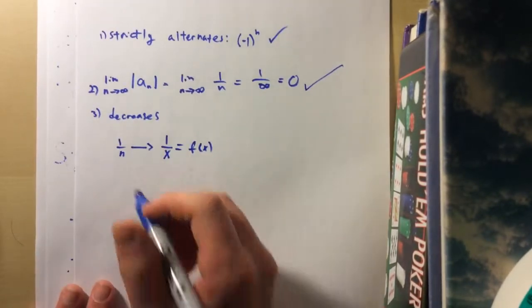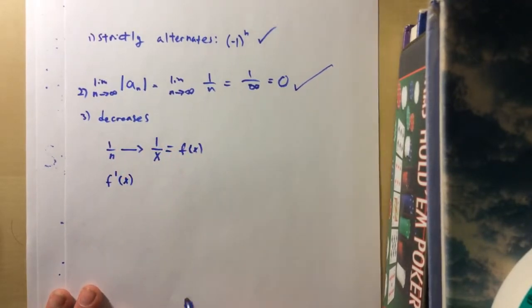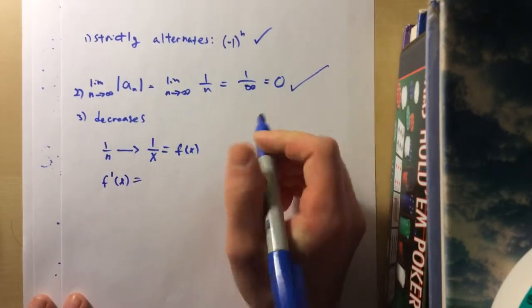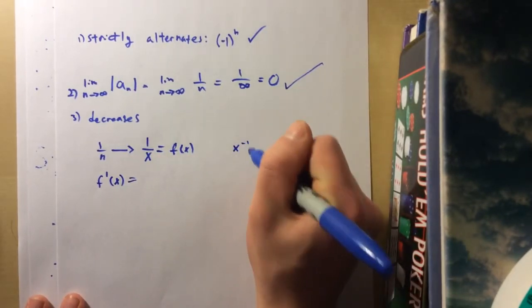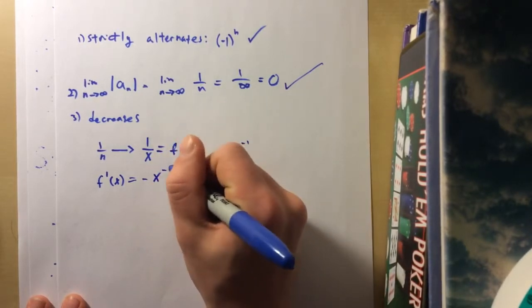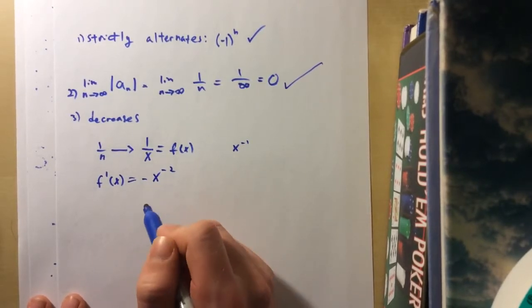And to say that it decreases, well, we know how to do that. We just take a derivative, and we want to see it be negative. Well, the derivative of 1 over x, that's the same as x to the negative 1, so we get negative x to the negative 2. And that's always going to be negative.